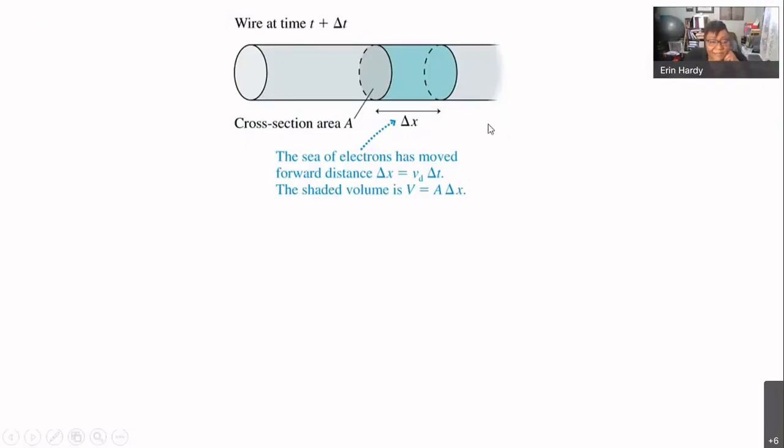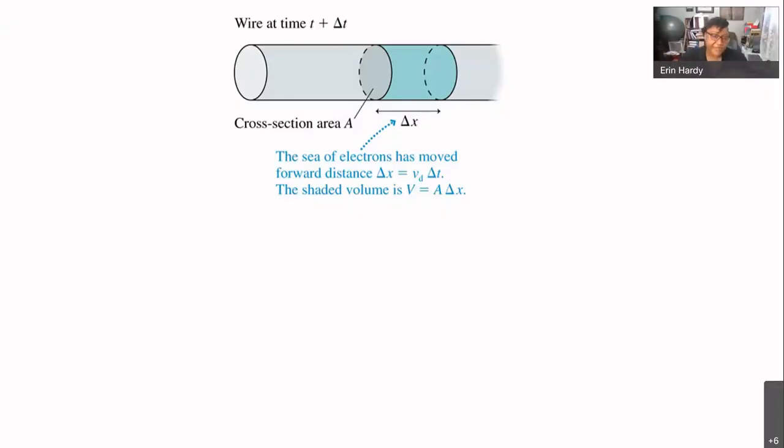If we wait some interval delta t, we'll be able to track how far any one of these electron charge carriers has moved in that time interval. And since the drift speed is really low, the displacement that one of these electrons undergoes will be really modest. But as a whole, the sea of electrons will undergo a larger shift.